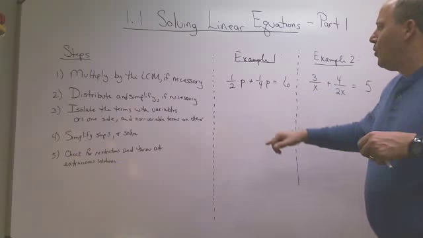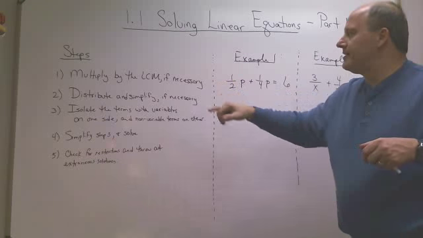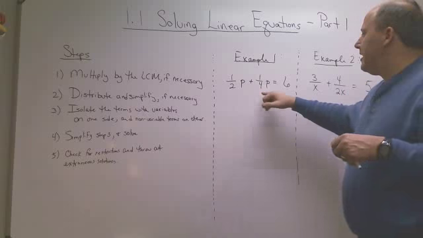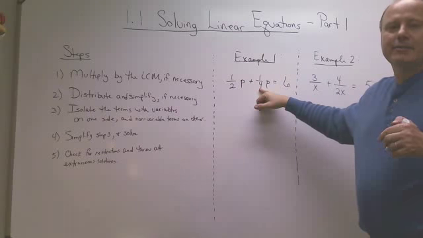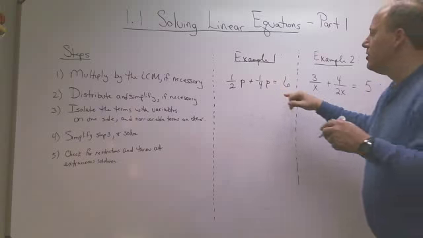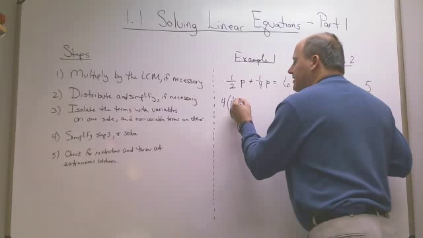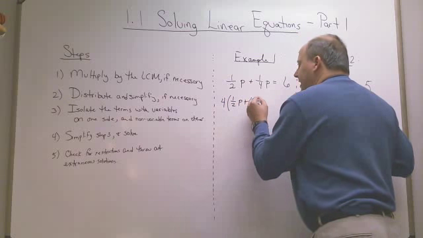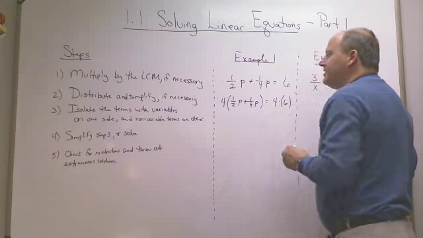Example 1, 1/2 p plus 1/4 p equals 6. So the first thing I'm going to do is multiply by the least common multiple. The least common multiple is 4 because the denominators are 2 and 4. So the least common multiple of those two numbers is 4. So I multiply both sides of the equation times 4. And a lot of times people ask, why do you multiply by the least common multiple?